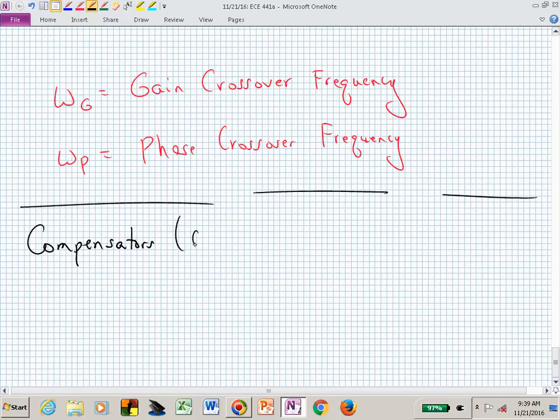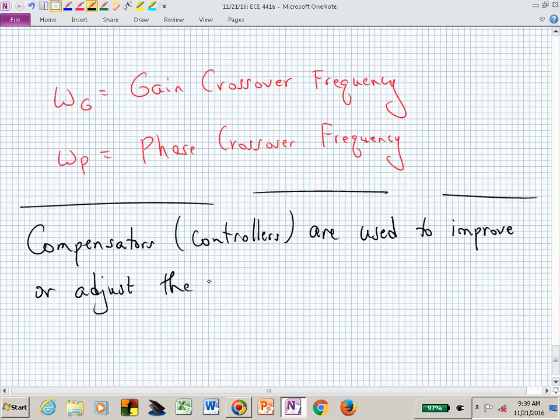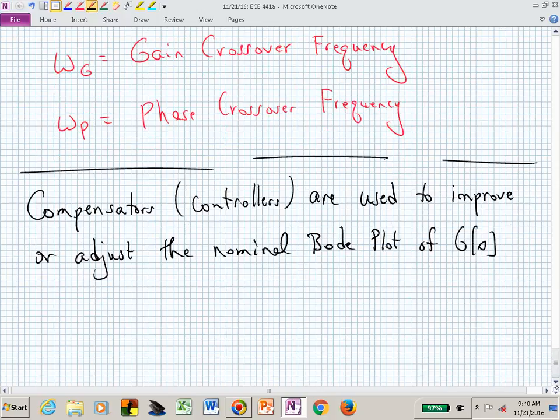For these compensators or controllers, are used to improve or adjust the nominal Bode plot of G of S to improve the gain margin and or the phase margin.